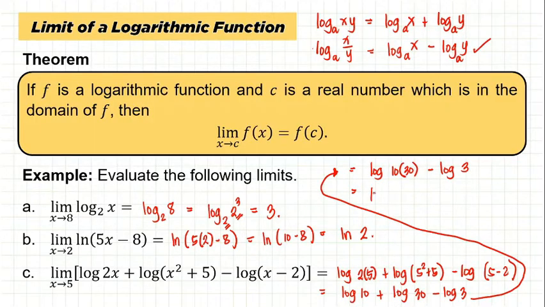So we have log of 10 times 30 over 3. And this is now equal to log of 300 over 3 is 100. And take note, there is an imaginary base 10 here, and 100 is equal to 10 squared. So the answer is 2, right? So that will be our final answer.